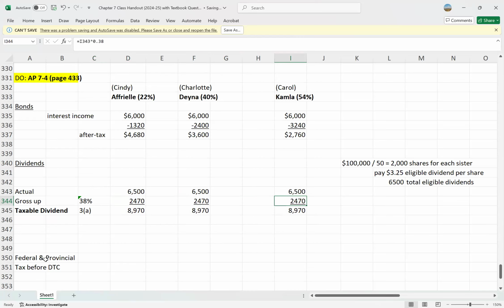What will be different is their tax amount before the dividend tax credit. So remember, Cindy is taxed at 22%, Charlotte at 40%, and Carol at 54%.